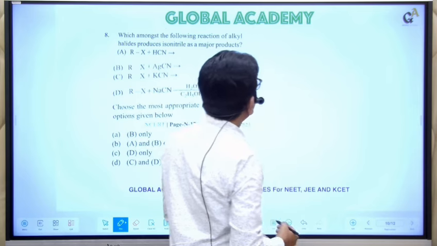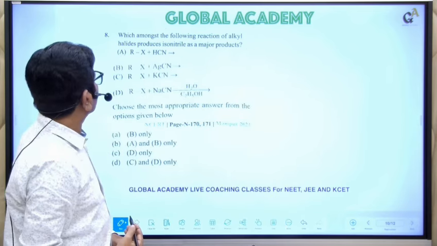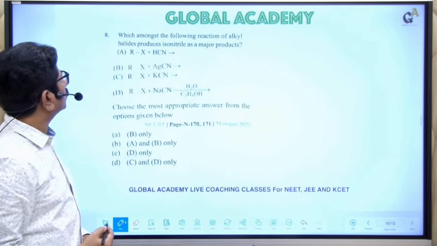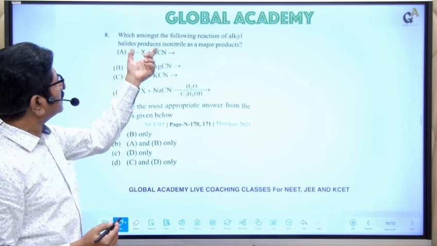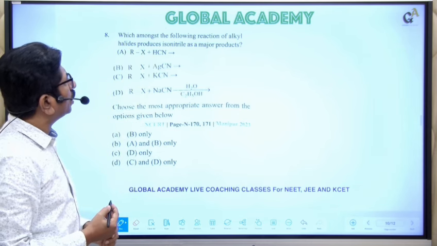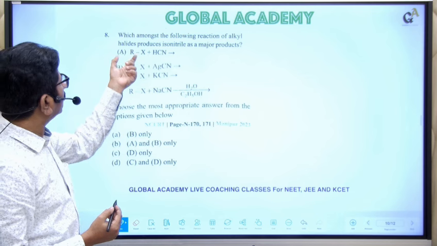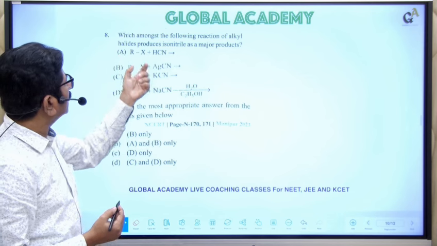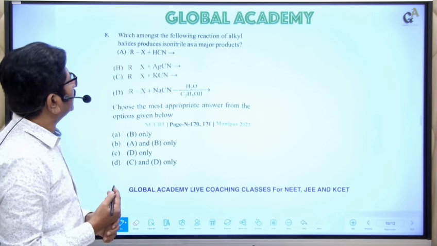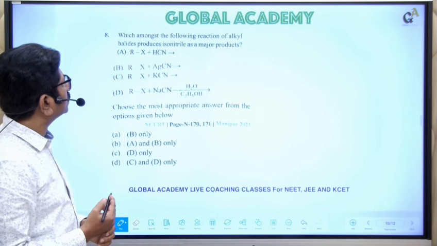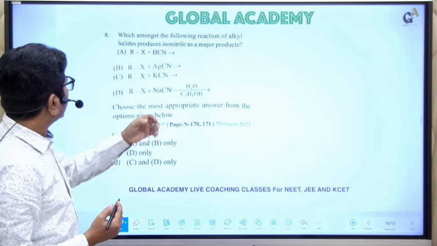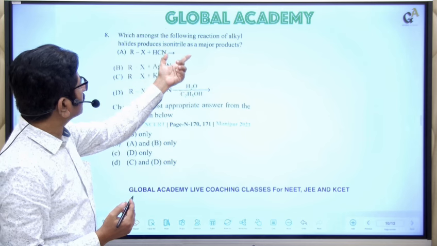Okay. Next, we can go for the eighth one. Which amongst the following reactions of the alkyl halide produces the isonitrile as a major product?